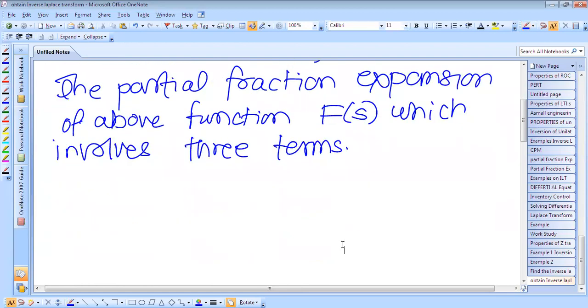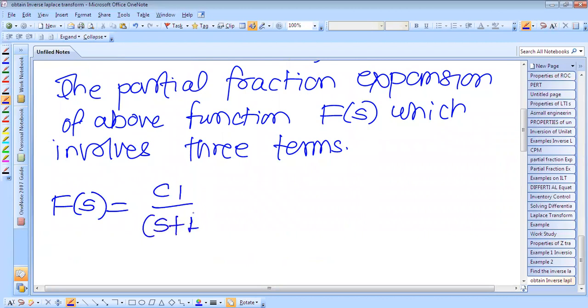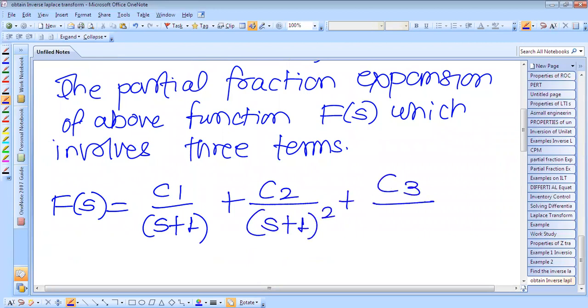So F of s is equal to c1 by s plus 1, plus c2 by s plus 1 square, plus c3 by s plus 1 cube.